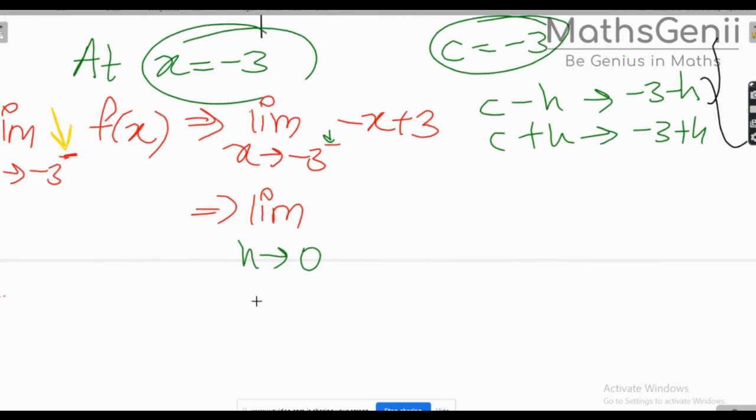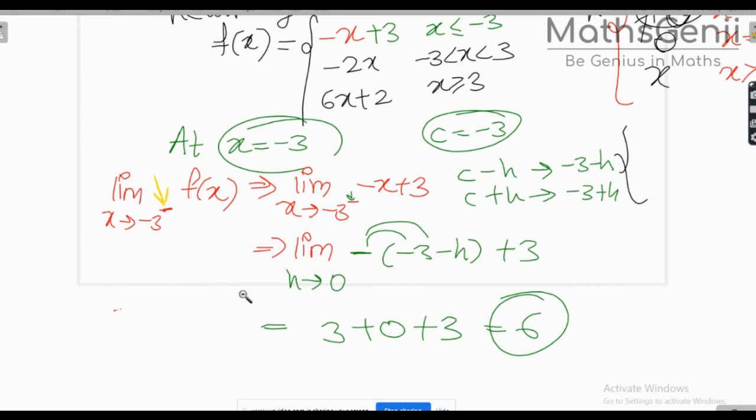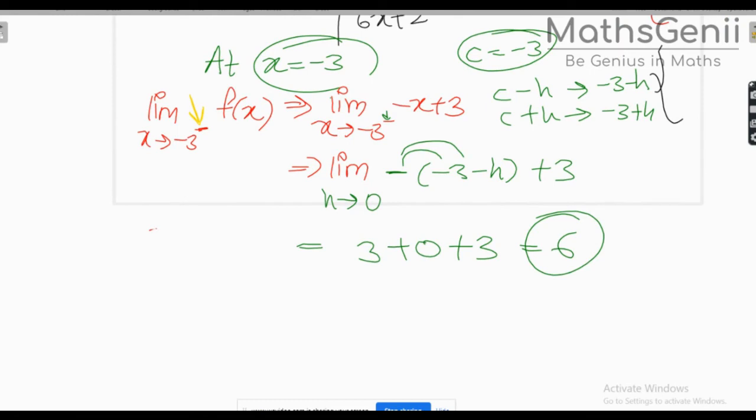So I'm going to write, instead of x, minus 3 minus h plus 3. Now we are going to get rid of this sign, h. This minus minus becomes plus. Instead of h, I'm putting 0. So you have 6. This was for minus 3 raised to minus. That is the left side. This was your LHL, left hand limit. Now RHL, right hand limit.